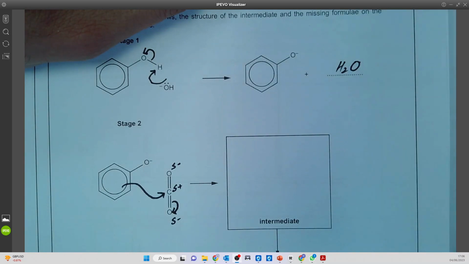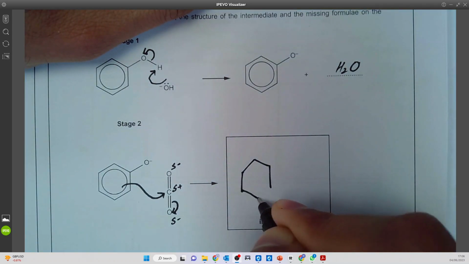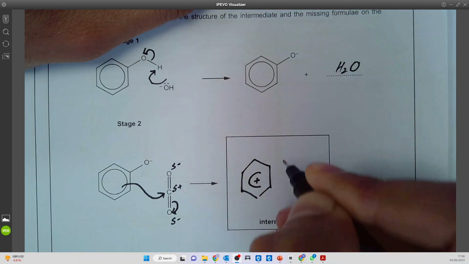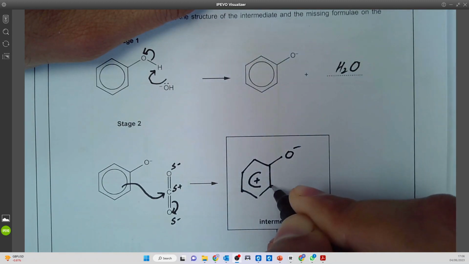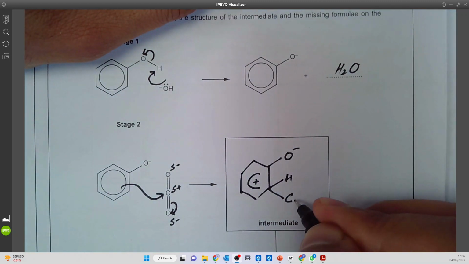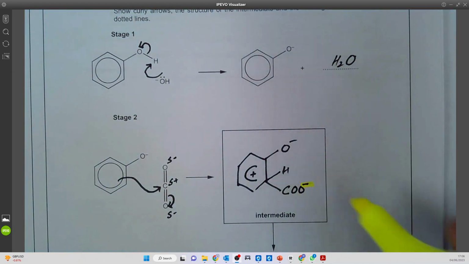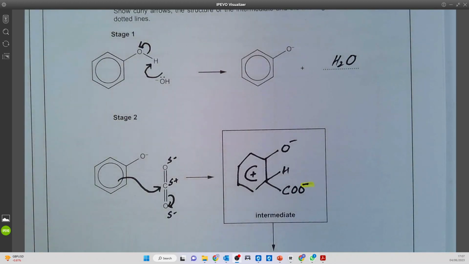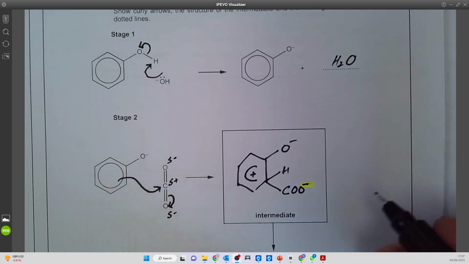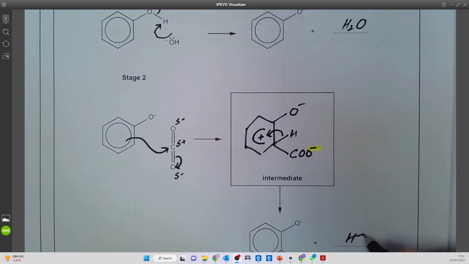As a result of this, it will then change into this. Happy with that? This will be negative because it has accepted electrons. What will then happen? Now we need to restore the ring. This will then be given back to the ring. You will have this plus H positive.